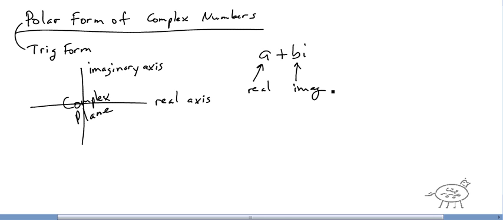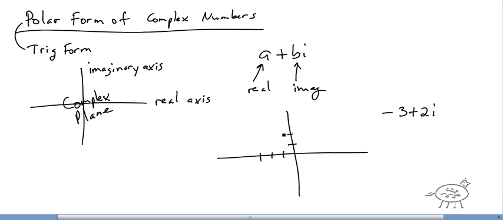Pretty easy. Let's make a quick sketch. If I had you graph negative 3 plus 2i, that would be negative 3 on the real axis and up 2 on the imaginary axis. It's actually a vector, so it's not just a point, it's from the origin (0, 0) to that coordinate.